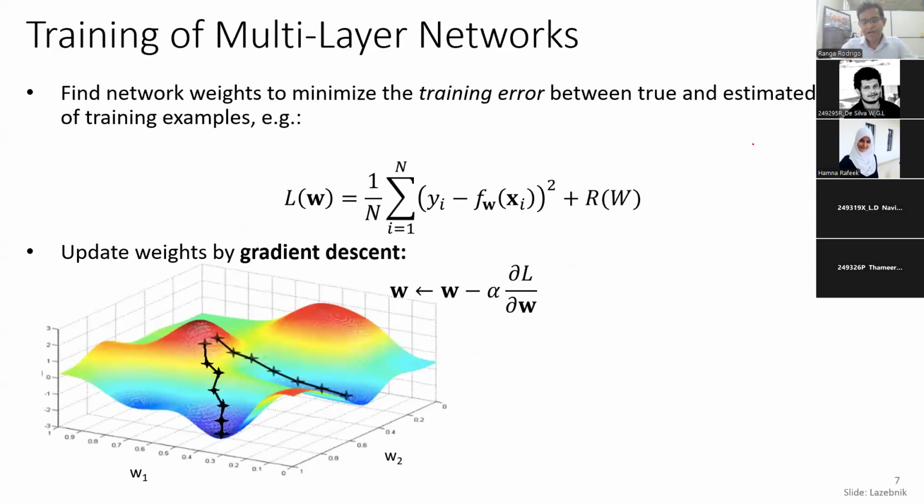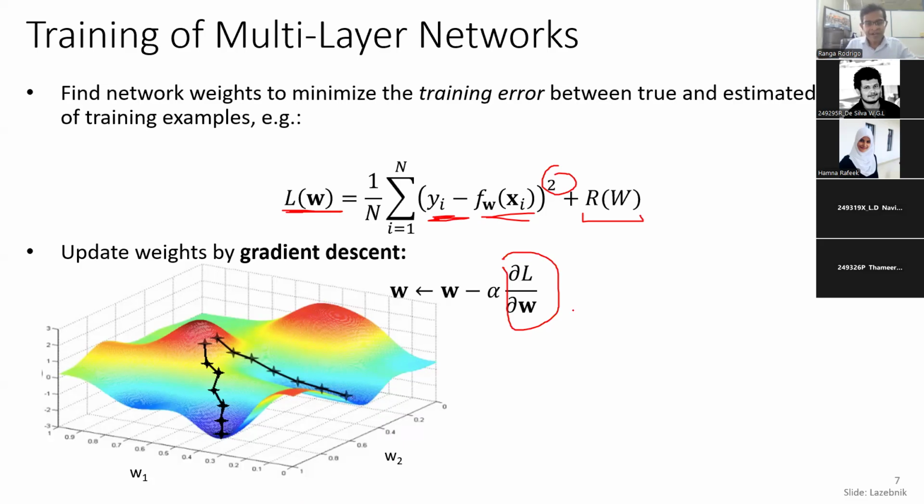So later we are going to look at how this optimum W can be found, but we will briefly talk about it now. Here you can see the loss: this is the scoring function, subtracted from the correct class and then squared. So this is a squared loss function, and there's some regularizer term also to constrain W's. And then this is a function of W. Therefore, we should be able to compute the partial derivative of this loss L with respect to W. And if we can compute the partial derivative, we can do a gradient descent step.